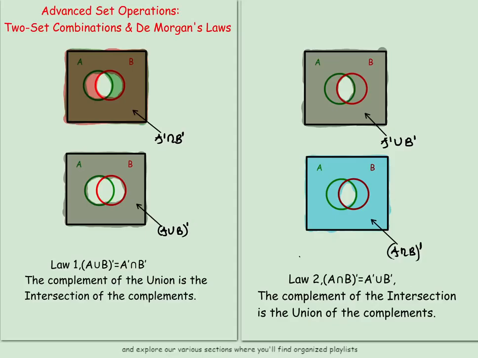So this is the complement of the intersection. These are the intersections, and we have taken their complement. It is the same as taking the union of the individual complements. So these are the De Morgan's laws, and we have used the Venn diagram to prove them, and I do hope you understand.